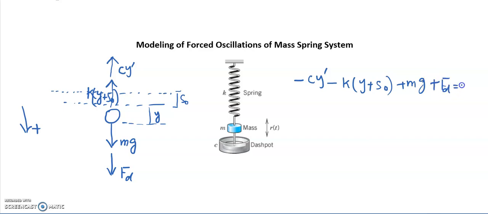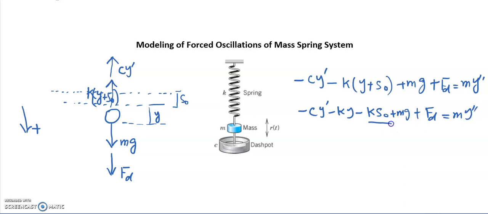The resultant force, as we have already shown before, will be equal to the mass times the acceleration, which is represented by y double prime. If we simplify it: minus cy prime minus ky minus k s naught plus mg plus the driving force is equal to my double prime. Out of this, mg minus ks naught will equal 0.